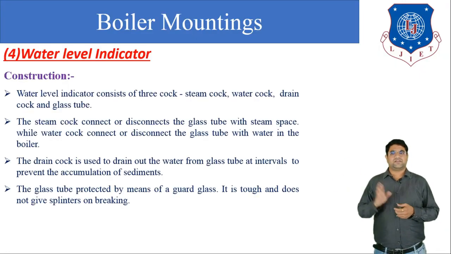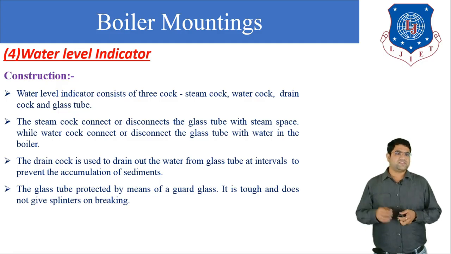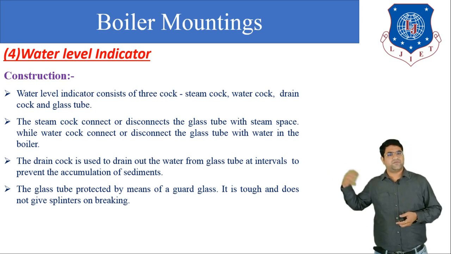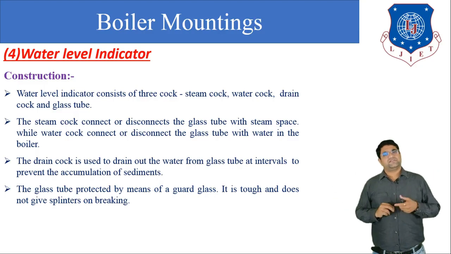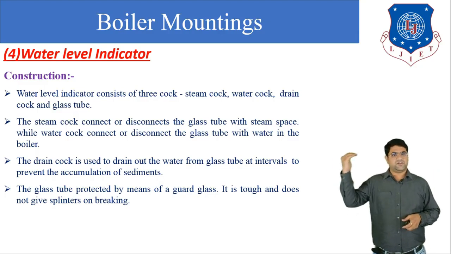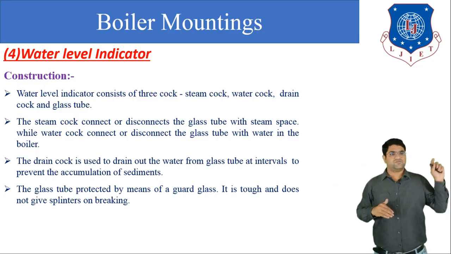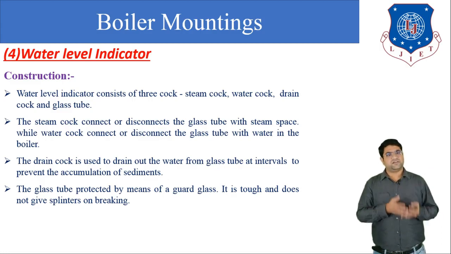So in the construction, the water level indicator contains three cocks: first the steam cock, the water cock and the drain cock, and the glass tube. We know the function of the water cock is to provide water from the water side to the glass tube. Second, from the steam cock the steam comes and reaches the glass tube, and the third is the drain cock.